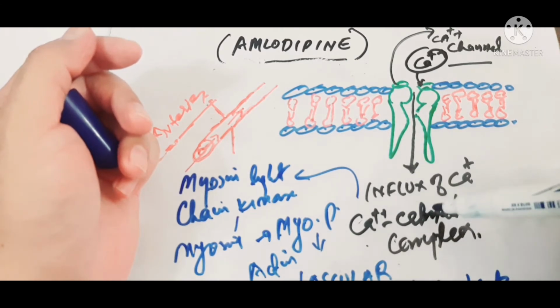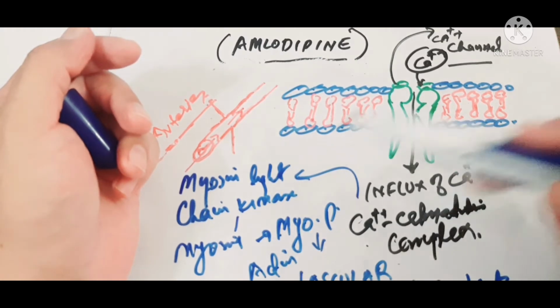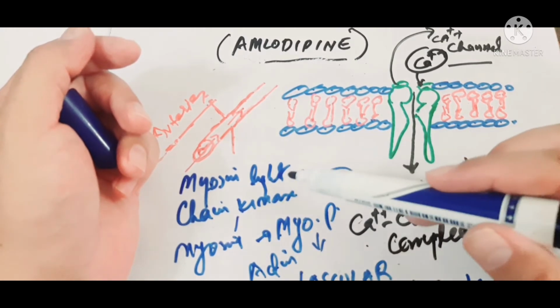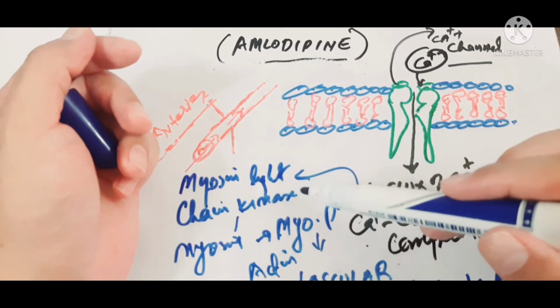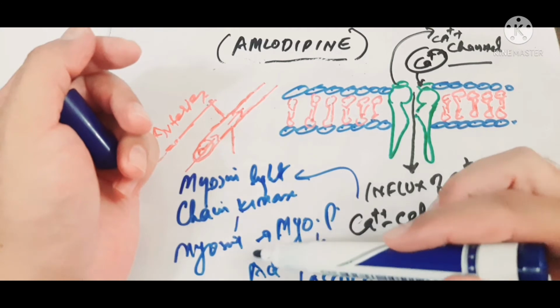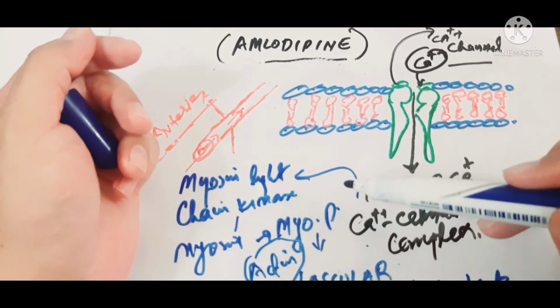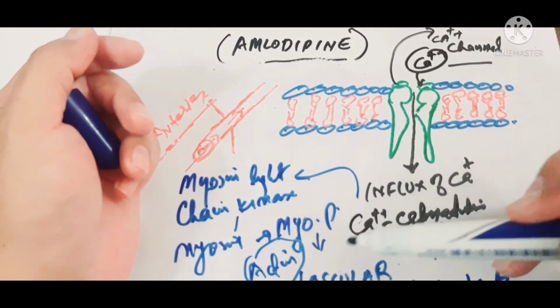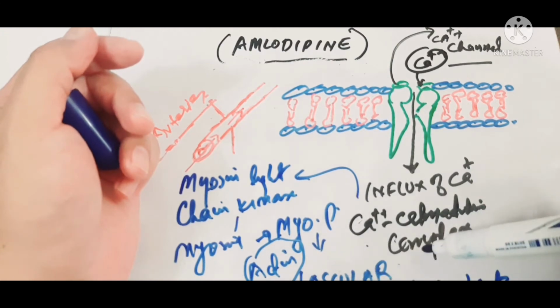Calcium combines with calmodulin, this complex is formed, and it activates myosin light chain kinase, which converts myosin into myosin phosphate. It interacts with actin, the thin filament of the muscle fiber, and causes vascular smooth muscle contraction.